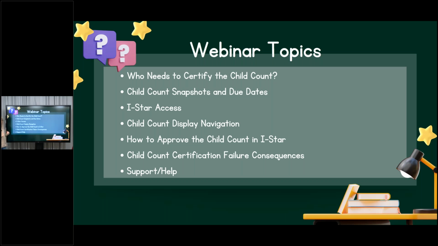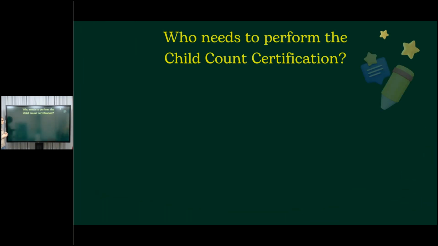So that would be how we actually certify or verify that number. And then we'll talk about the failure consequences. We've never had anyone fail to perform the child count. Every district has always done it. Sometimes we have a lot on the last day, but we have managed to get everyone in before the close of business. And then, of course, how you're going to get support or help from us if you need that.